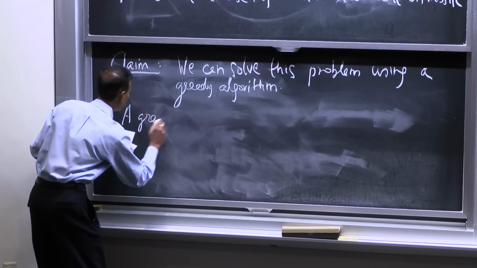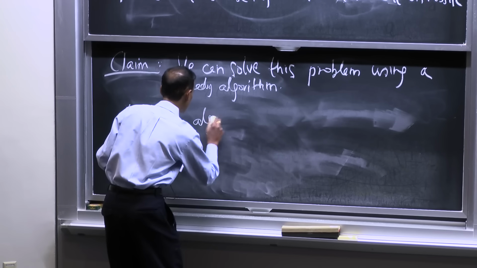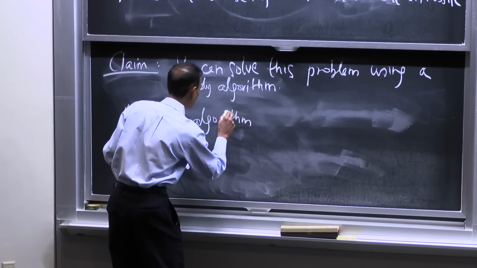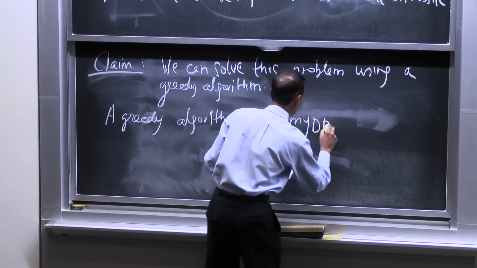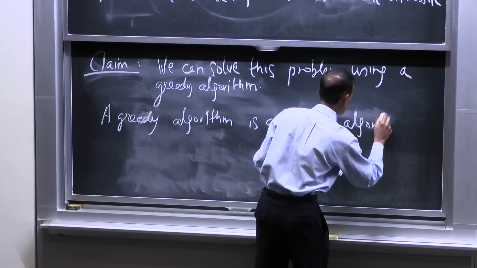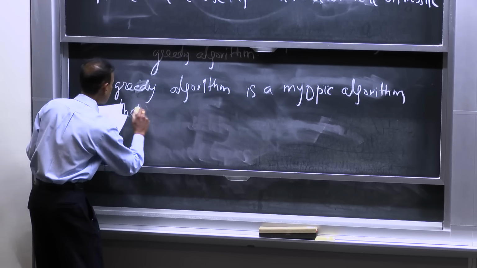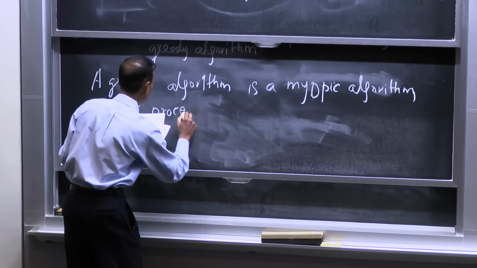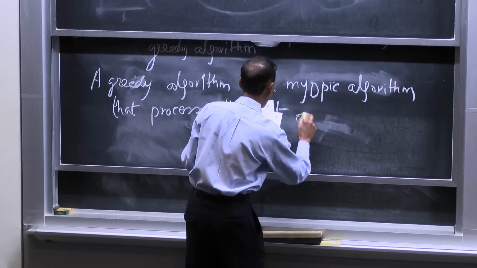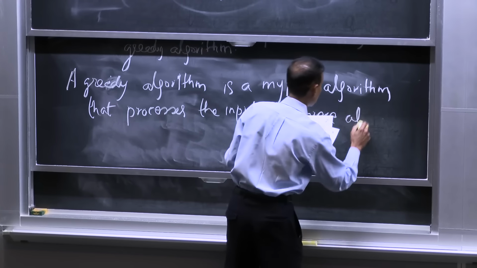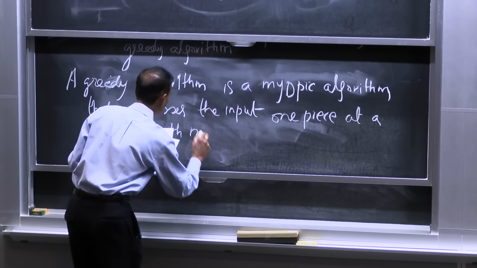But just to give you a slightly better definition of greedy than what I've said so far, a greedy algorithm is a myopic algorithm that does two things. It processes the input one piece at a time, with no apparent look ahead.